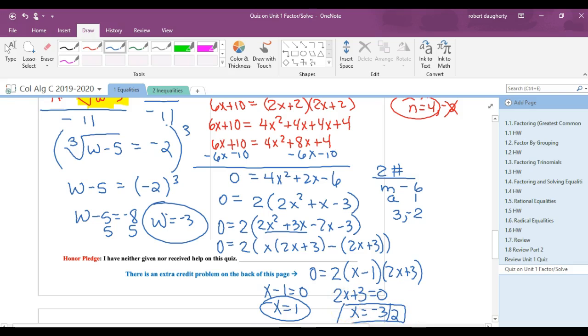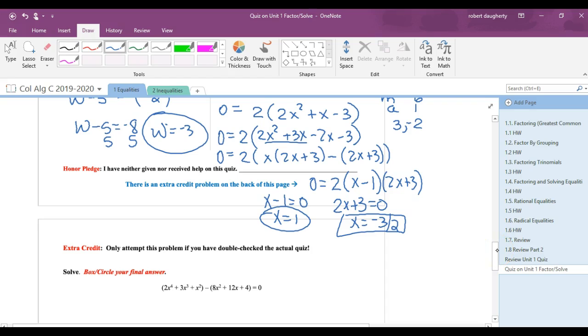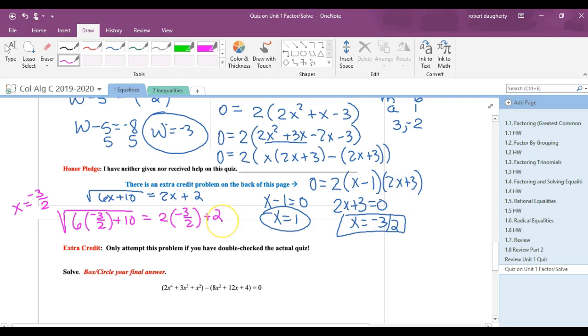I'm not done until I check both of those answers. So let's check with the original, the square root of 6x plus 10 equal to 2x plus 2. Let's check x equals negative 3 halves. The square root of 6 times negative 3 halves plus 10 equals 2 times negative 3 halves plus 2.